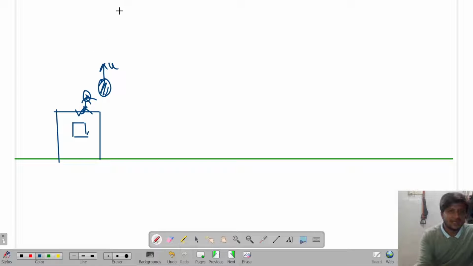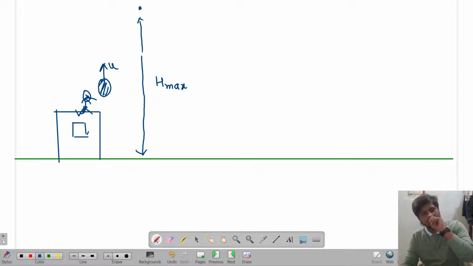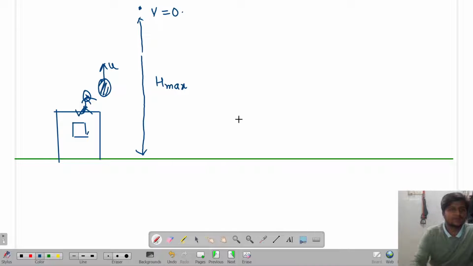What is going to happen at this final point, at this maximum height? In this case, acceleration is constant. That is another thing. That is acceleration due to gravity. So if I consider this h max, that's what I'm going to discuss. At this point, the velocity of the particle is going to be 0.